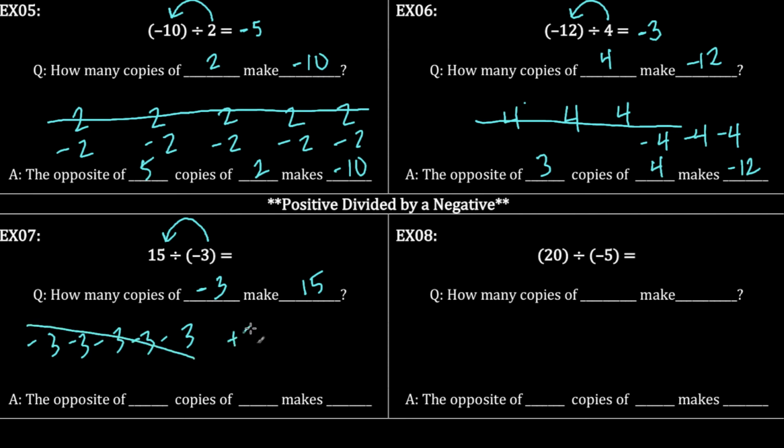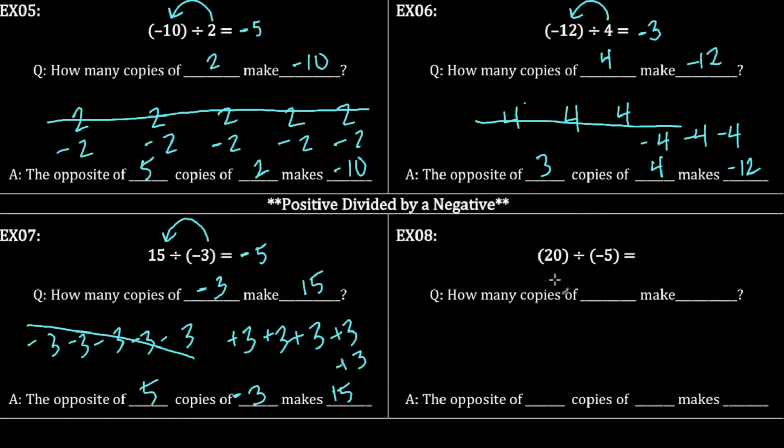We need positive 15, so 5 copies of negative 3 don't make it. The opposite of 5 copies of 3, 5 copies of negative 3, makes positive 15. So 15 divided by negative 3, negative 3 fits into 15 not 5 times, but negative 5 times.